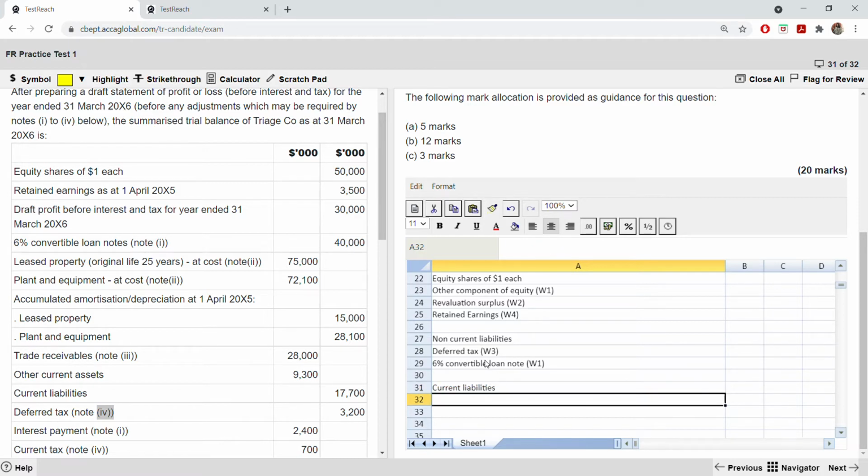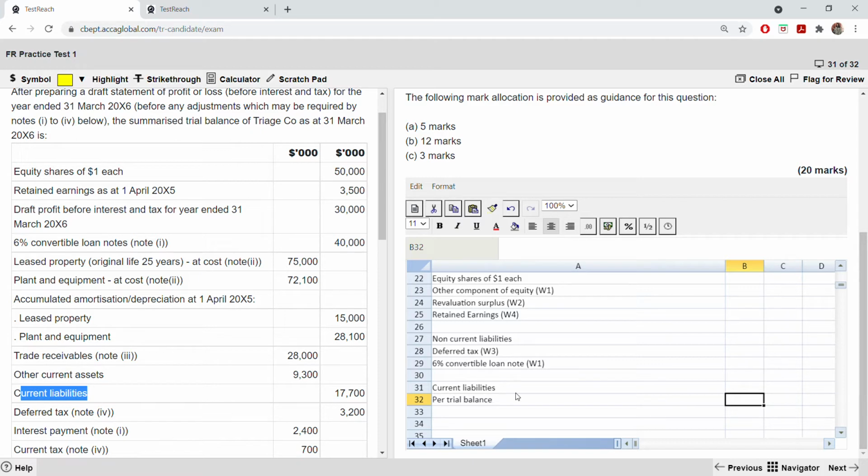So under current liabilities, what do we have per trial balance? Just see the current liability. It is 17,700. So this also you can write. Wherever adjustments are not required, you can write. Then we come to the current tax payable.